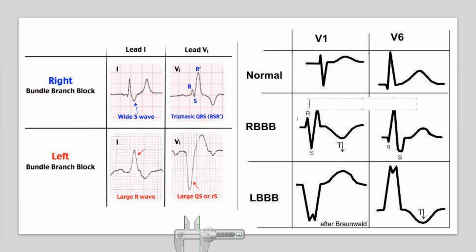So if there is an upright portion of the QRS complex in V1, then this is a right bundle branch block. If the complexes are mostly negative in V1, then it is a left bundle branch block.